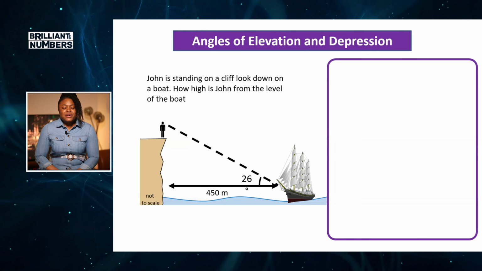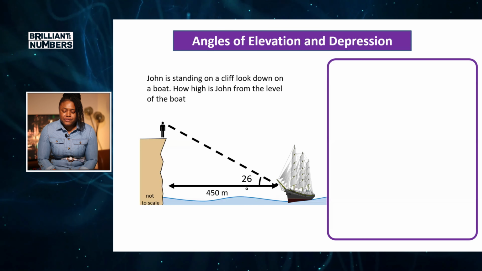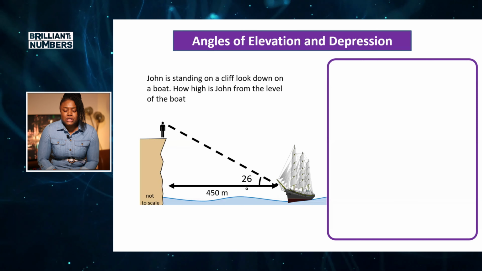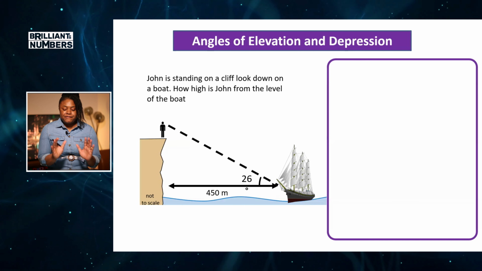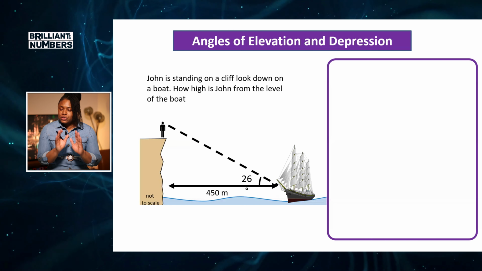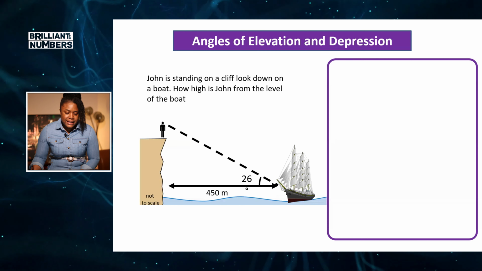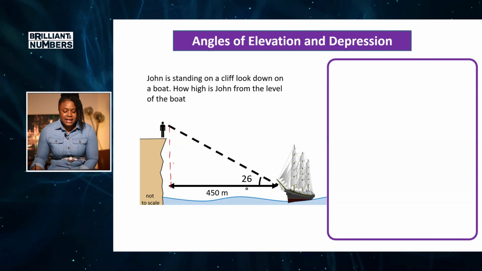John is standing on a cliff looking down on a boat. How high is John from the level of the boat? Now, importantly here, you do not always get the visuals. But if you do not get the visuals, sketch the diagram. So basically, we're asked to close this triangle to find the height here.